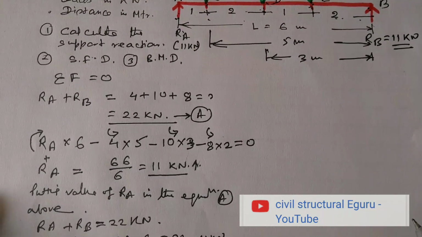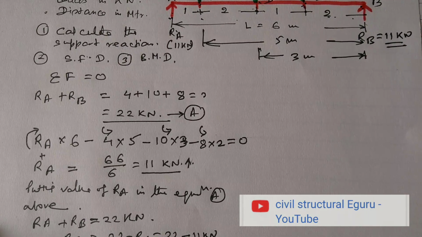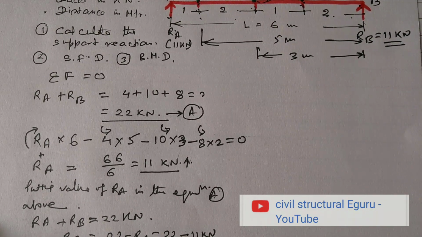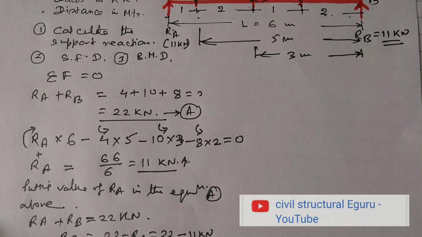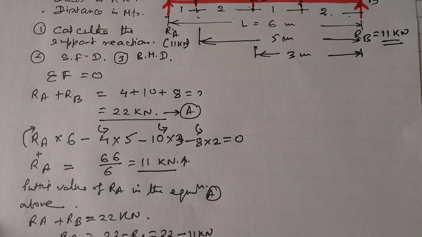What is the shear force? Shear force is the algebraic sum of all the vertical forces. If you suppose vertical force is positive, then the downward force will automatically be negative. Take the summation of all the forces on either section, left hand section or right hand section.